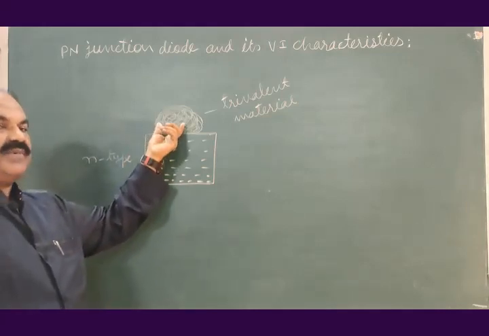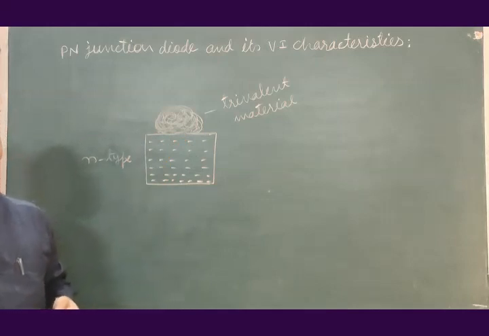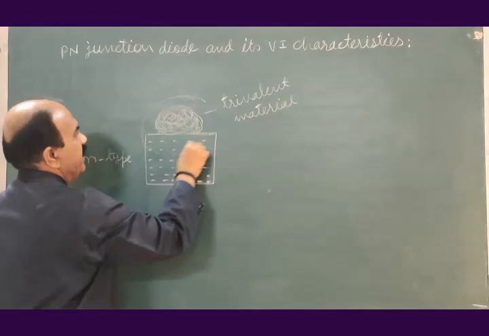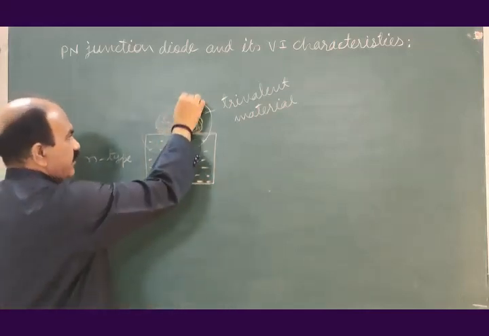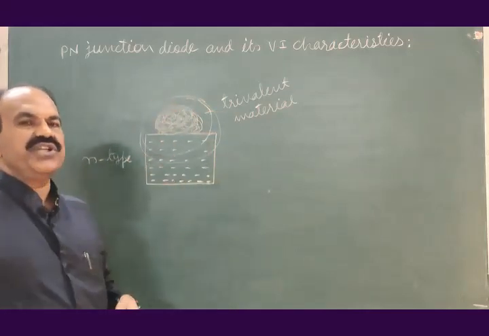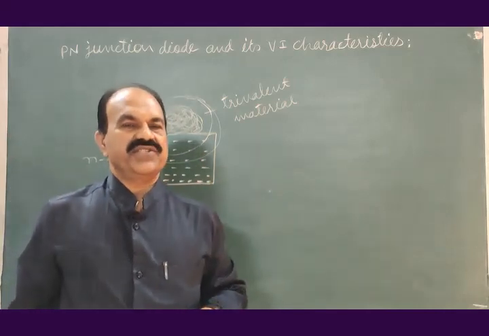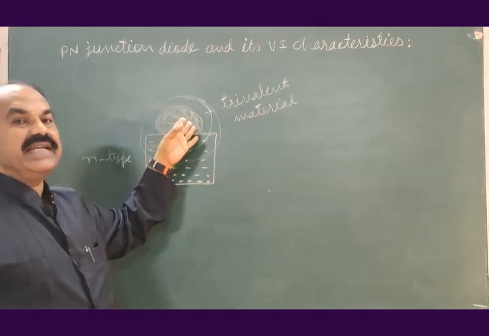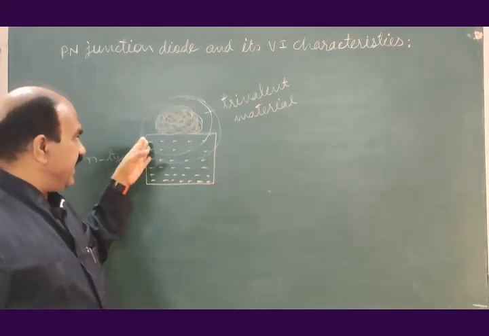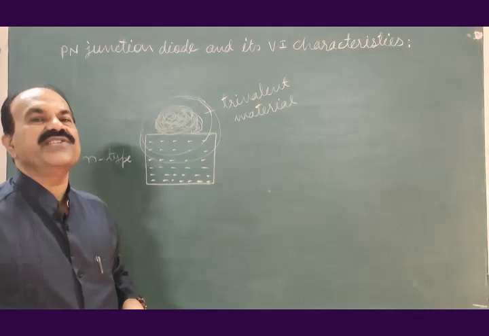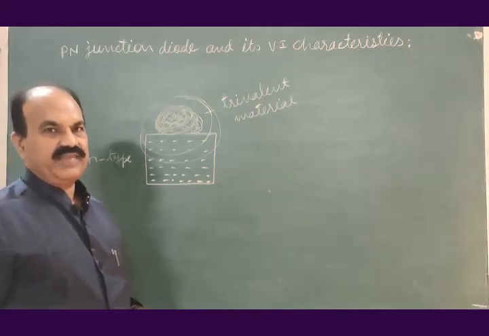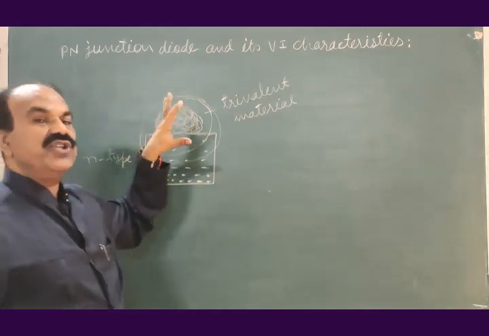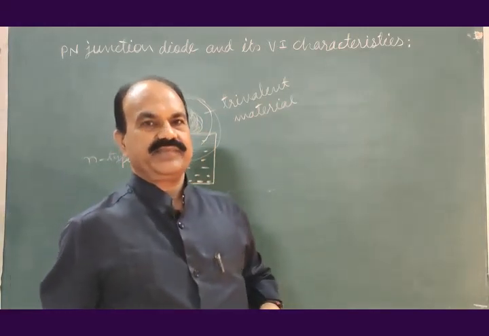After this trivalent material is placed on the N type of semiconductor, this portion is heated. This portion is heated continuously till this material gets melted and this material also gets melted.